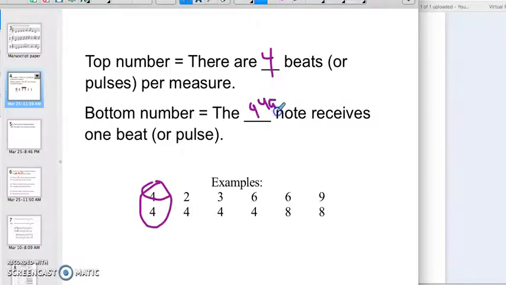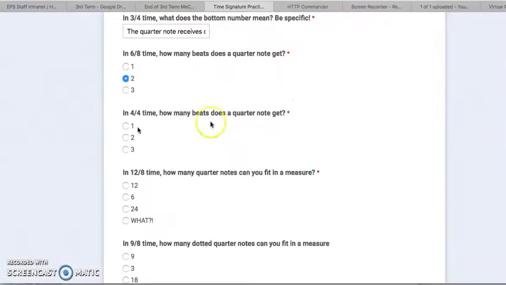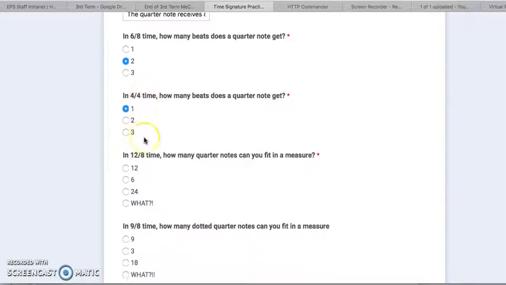Remember, you need to spell it out. You don't want to write 1/4 because that's a fraction, not a name. So the bottom number is the quarter note receives 1 beat or pulse. So in 4/4 time, there are 4 beats per measure. The bottom 4 means the quarter note receives 1 beat or pulse. So you've just answered your question. In 4/4 time, how many beats does a quarter note get? That's the bottom number. The answer is 1 beat.